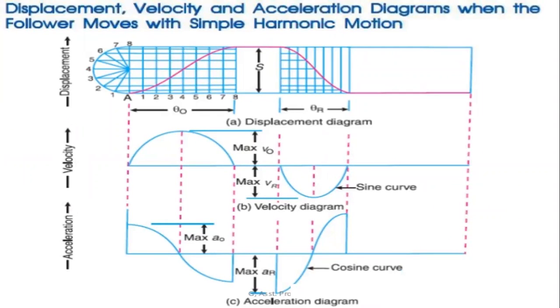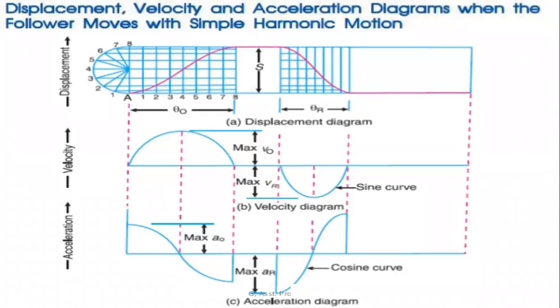Next, we discussed the simple harmonic motion. This is somewhat different from the uniform velocity. We draw a semicircle with regard to the lift of the follower, that is the stroke of the follower. The stroke is taken as the lift of the follower.